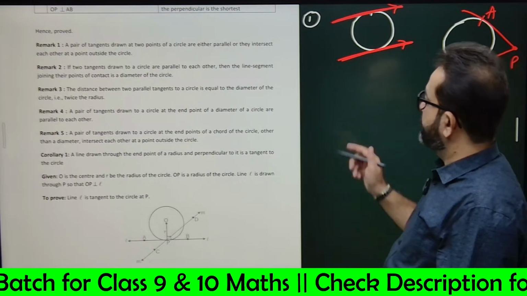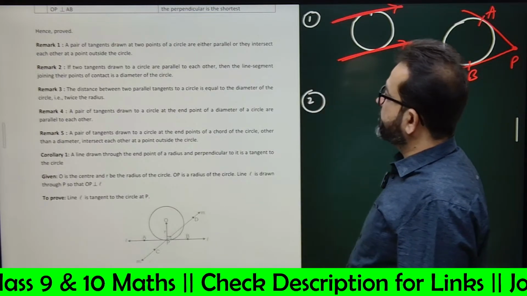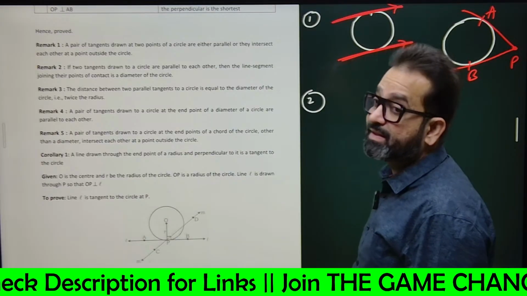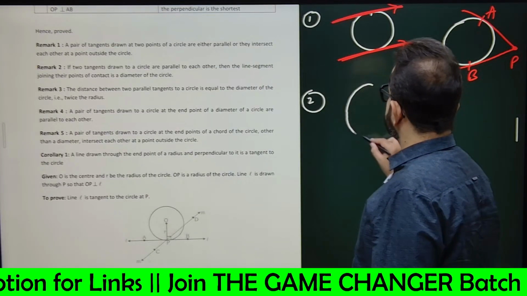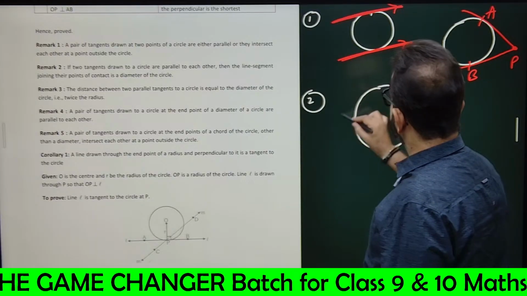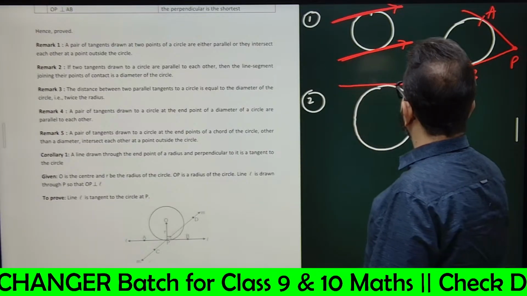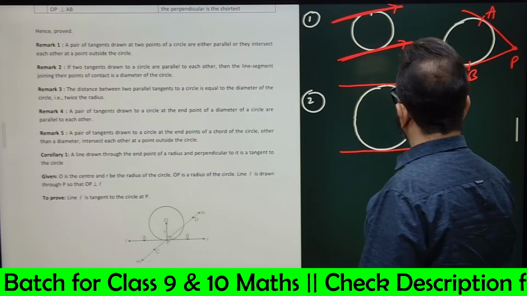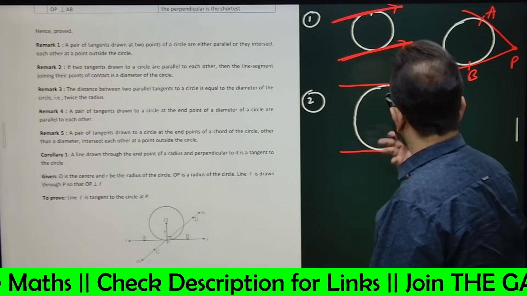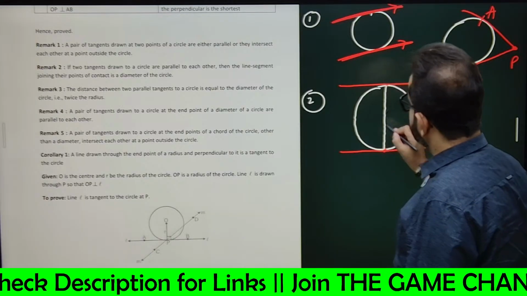Now see what point number two says. If two tangents drawn to a circle are parallel, then the line segment joining the points of contact is a diameter. If this is a circle, let's say one tangent is going like this and another tangent is going like this. The line segment joining, that means this one, will be the diameter.